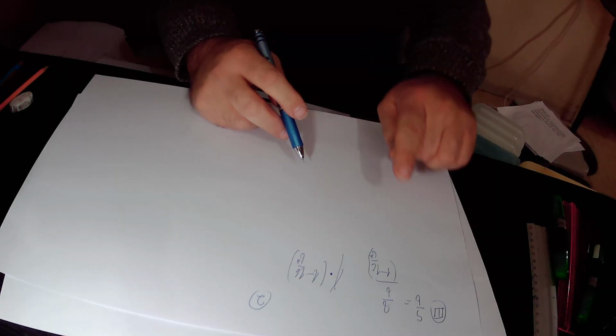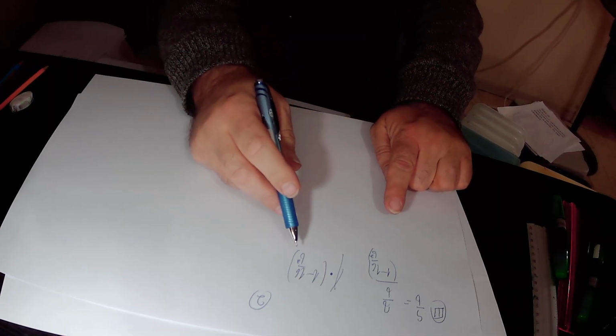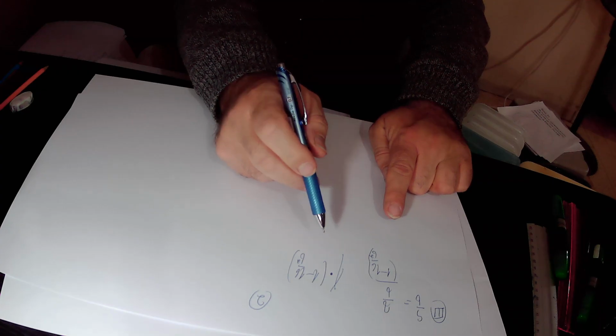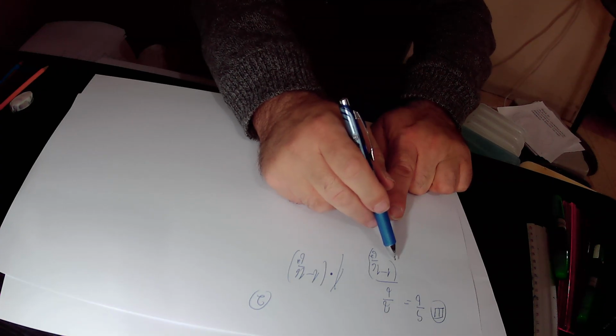So here, this is 1 minus 16 over B squared over 1 minus 16 over B squared, so 1 minus 16 over B squared will cancel.